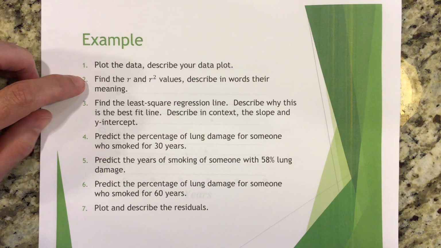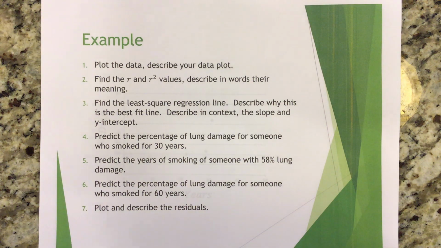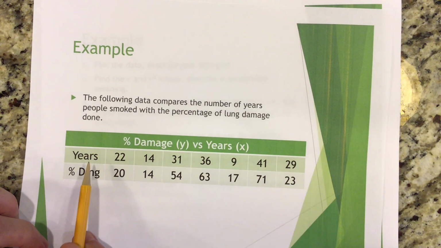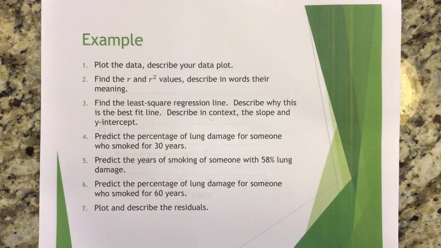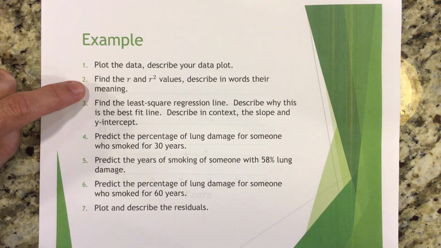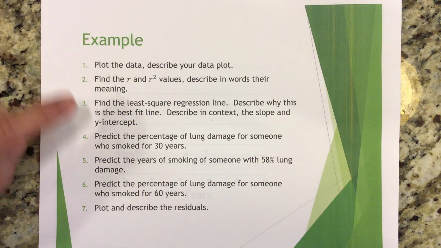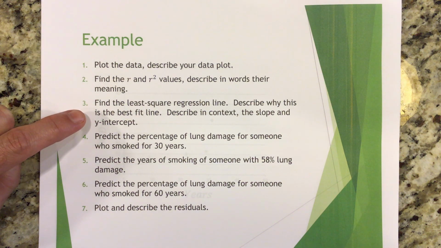And then since this problem has context, X and Y have real world meaning, we're going to describe what the correlation and the coefficient of determination mean in terms of these real world variables. Then we'll calculate our least squares regression line. And we're going to say why it's the best fit line.